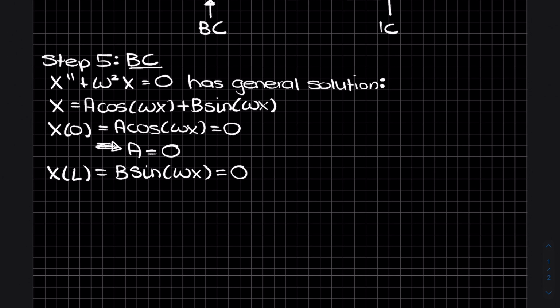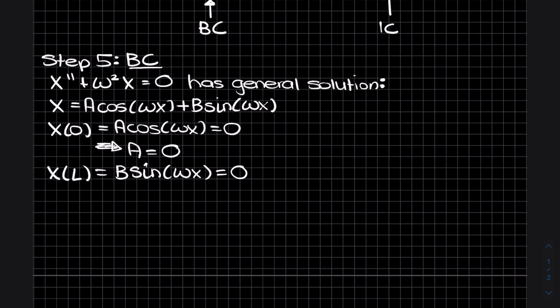Now, as I said earlier, we're really not interested in the trivial solution because it doesn't tell us anything interesting. So if we let b equal 0 here, we're just going to get the trivial solution. So what we want to do is let b be anything other than 0, but this equation here should still equal 0.